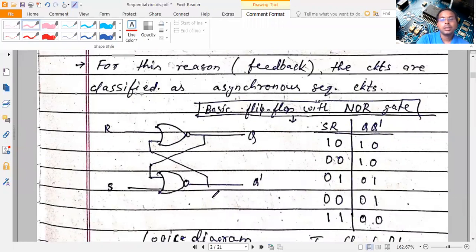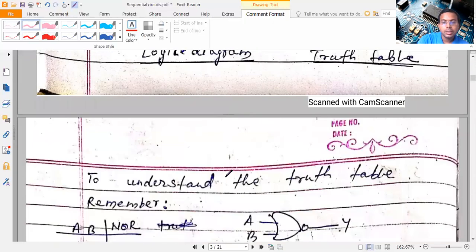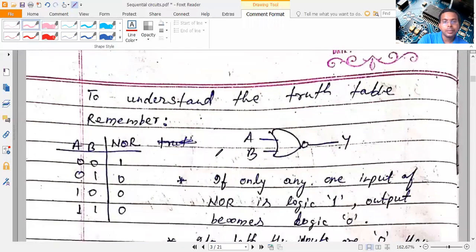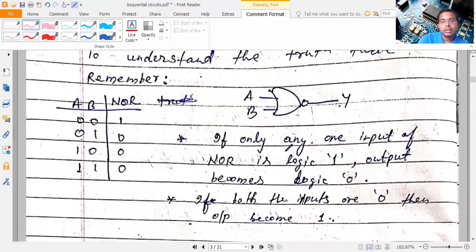So let us discuss its working principle. Before going into the details, let us first understand the truth table of the NOR gate. In the NOR gate, if any one input is 1, the output is going to become 0.